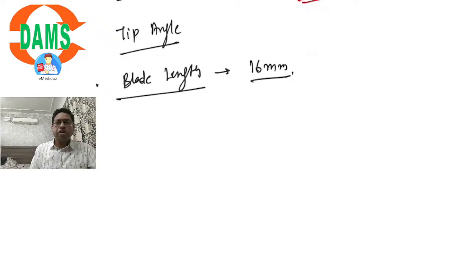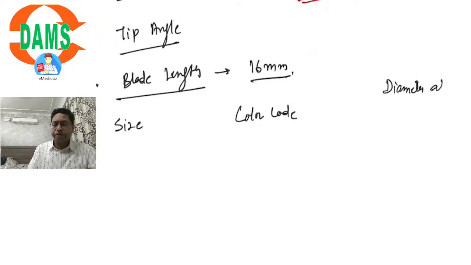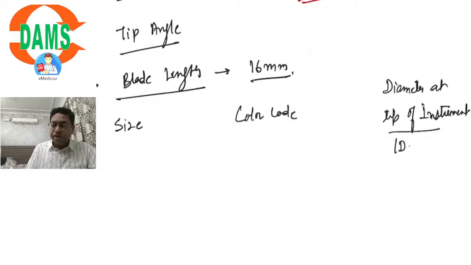Other things that we talk about are the size of the instrument, its color code, and diameter at tip of the instrument. The diameter at tip of the instrument is designated as D0.